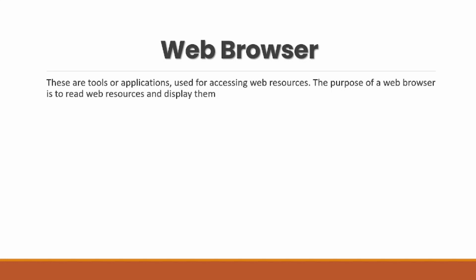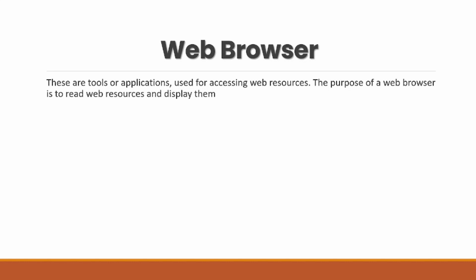Another example is a web browser. Now let's talk about web browsers. What are web browsers? These are tools or applications used for accessing web resources. The purpose of a web browser is to read web resources and display them. That is, when you want to visit a website or check for web resources, the tool we use to view them, to display them to us, is what we call a web browser.